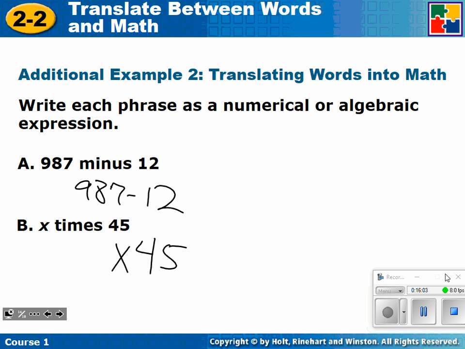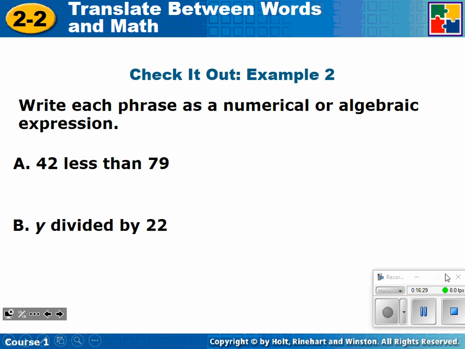What would we do? What's the right way? You could, but I don't like it. 45x. Yeah. No buts.